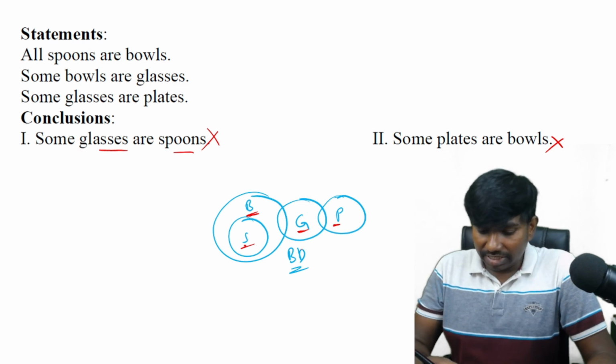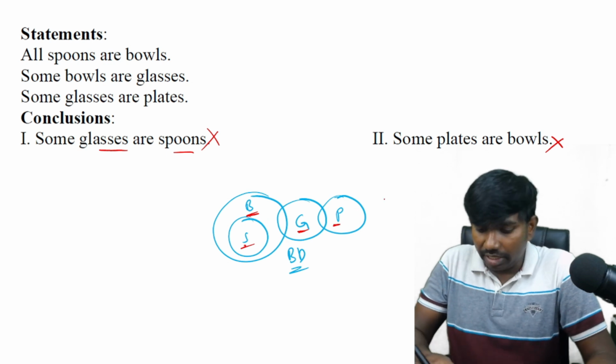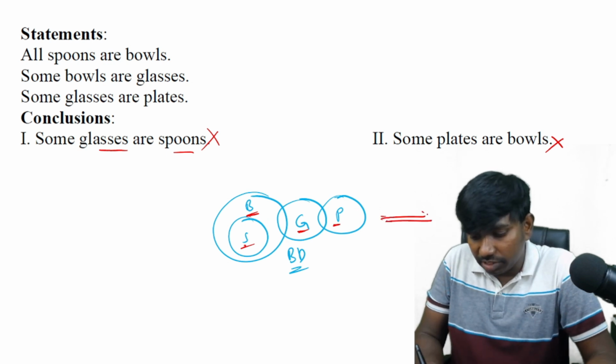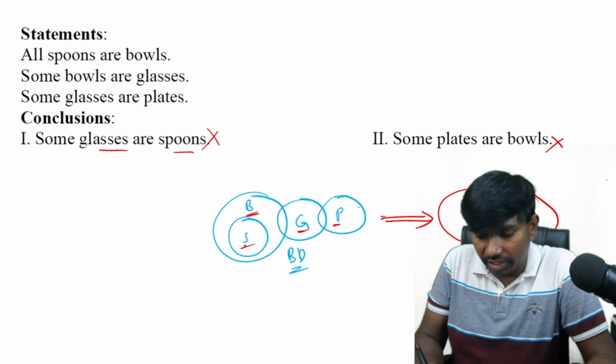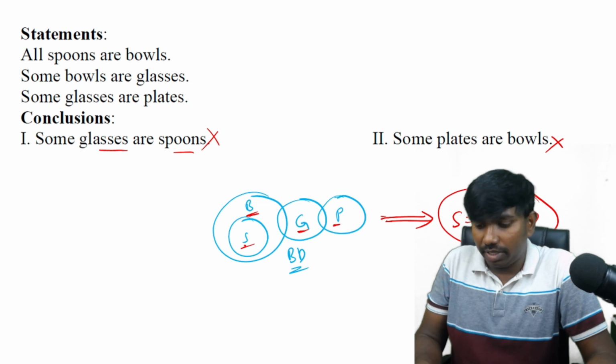So you may ask, sir, when we draw alternate diagrams, somewhere they may intersect, right? So yes, they may intersect, and if you keep on drawing the possible diagrams, your final alternate diagram for this one will be S equal to B equal to G equal to P, a complete, 100% overlap.